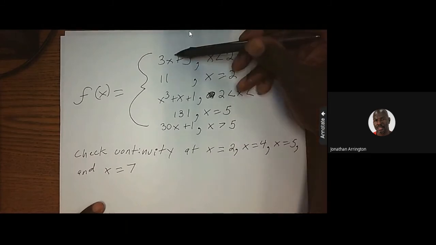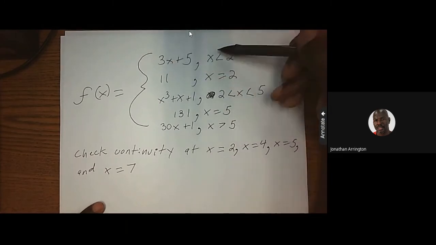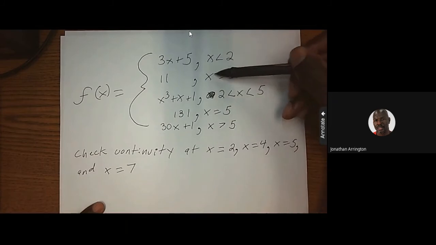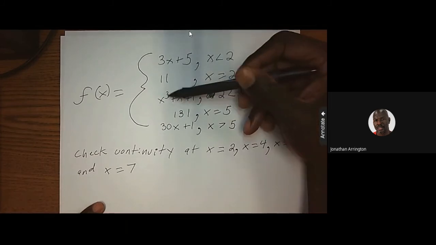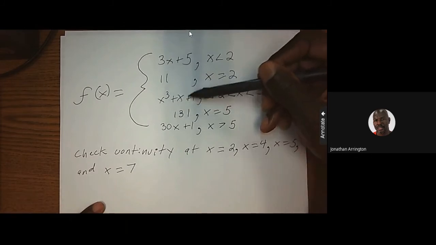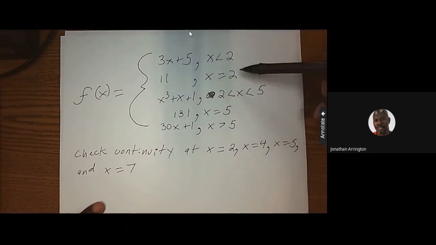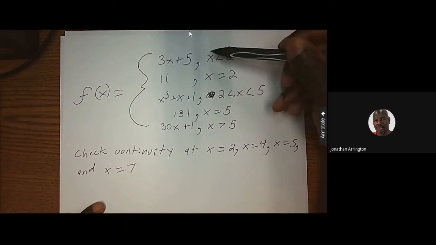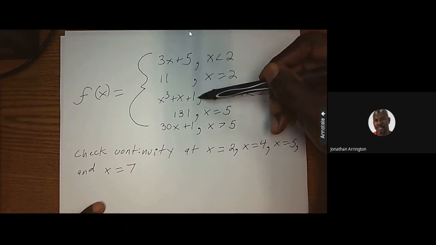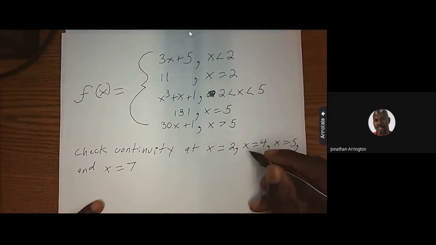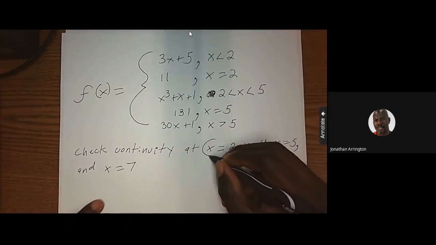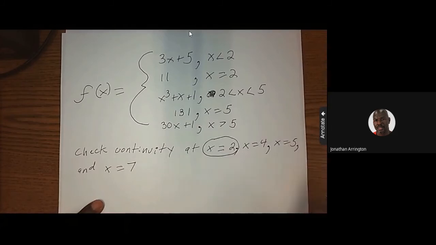If I plug in 2 for x here, that's 6 plus 5, that's 11. Okay, when x equals 2, it's already 11. When I plug 2 into this piece, that's 2 cubed, that's 8, plus 2, that's 10, plus 1 is 11. So for 2, I got 11 for all 3 pieces that are affiliated with 2. So 2 is definitely continuous. That guy's good.